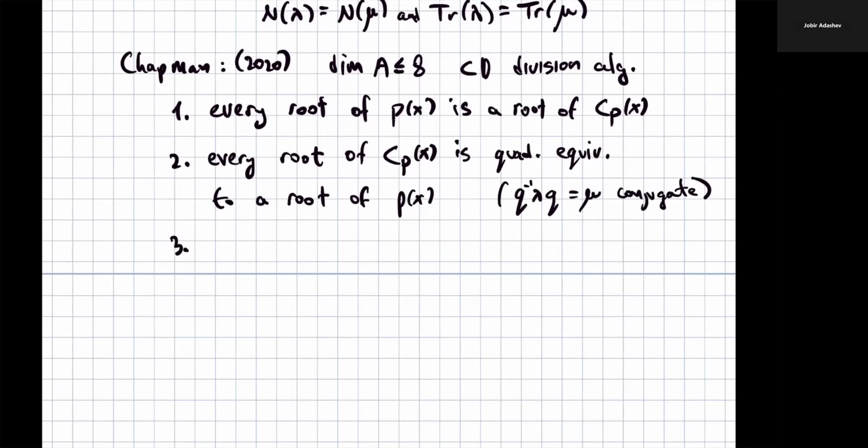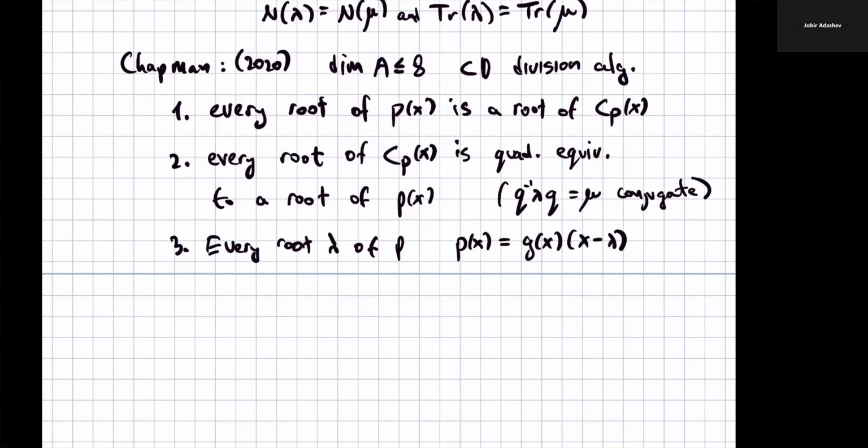And every root lambda of P satisfies the following property, that we can decompose the polynomial from the right in the following way.